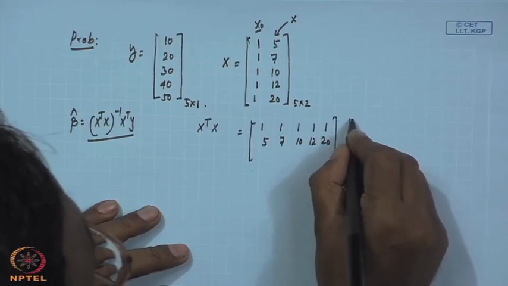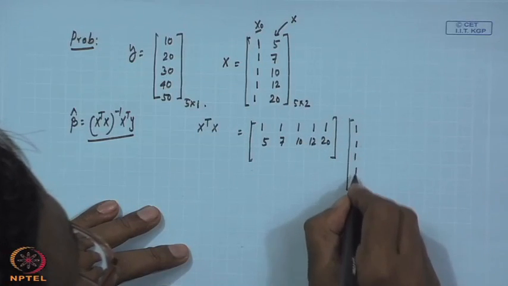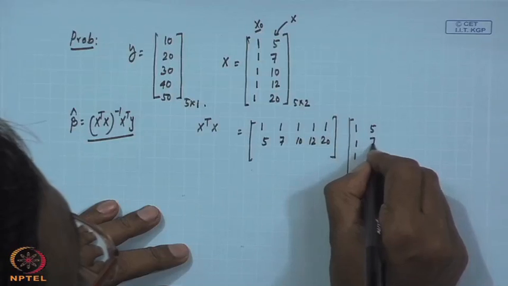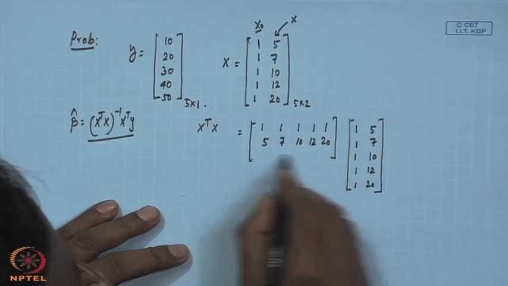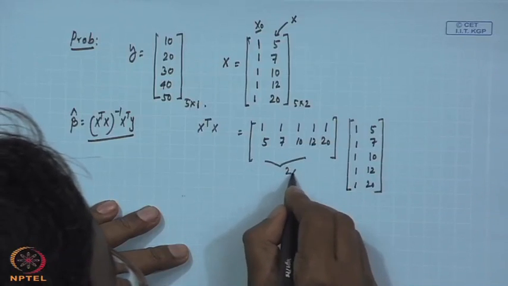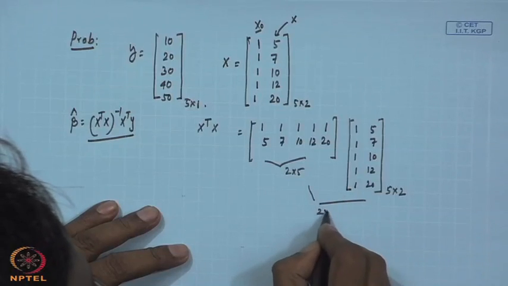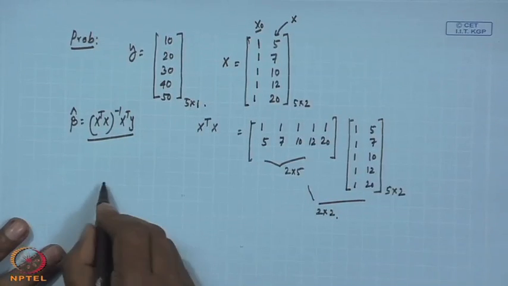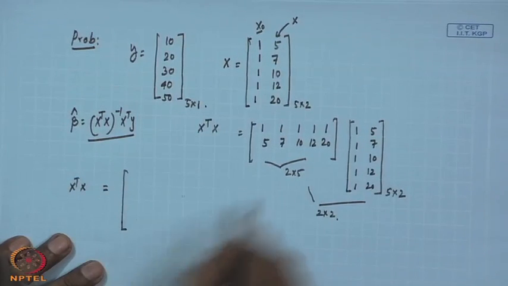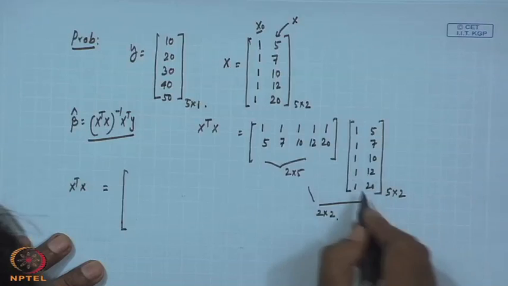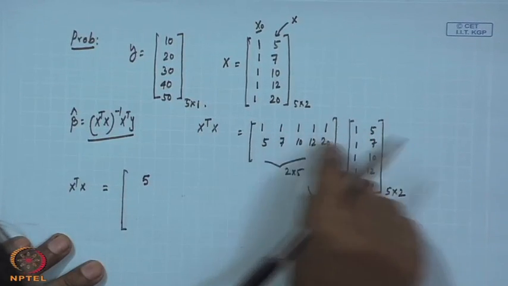Then again x. Now, this matrix is 2 cross 5, this is 5 cross 2, and the resultant will be a 2 cross 2 matrix. So, you will get x transpose x by multiplying 1 into 1 like this. There are 5 data points, so you will get 5 first.